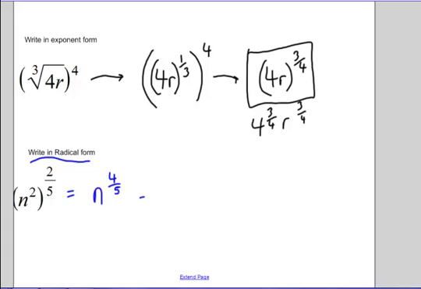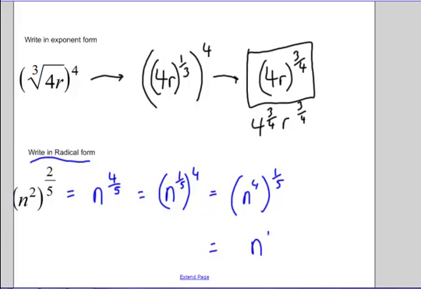And now I can see that that's the same thing as writing n to the 1/5 power multiplied by 4, or you could look at it like this. All of these are equivalent. N to the 4th, the whole thing to the 1/5 power. Either one of those. So what that gives you is I have n to the 4th, the whole thing, it's the 5th root. So I have this 5th root of n to the 4th.